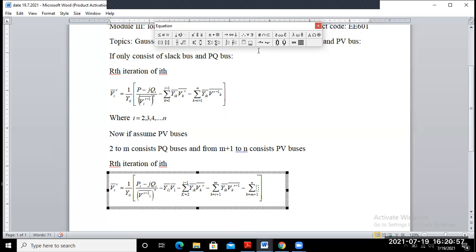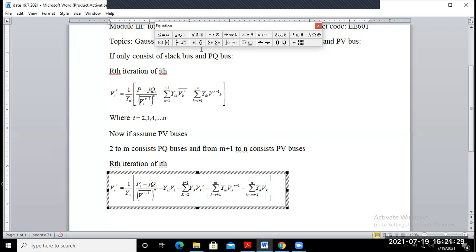Okay, so Y_ik, V_k, delta_k to the power r minus 1.